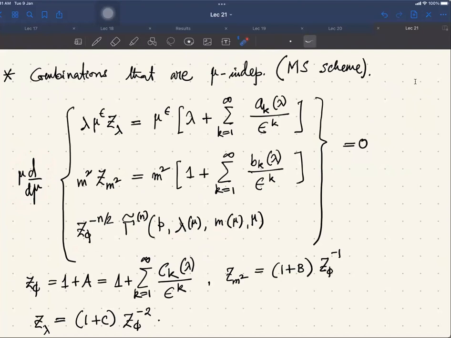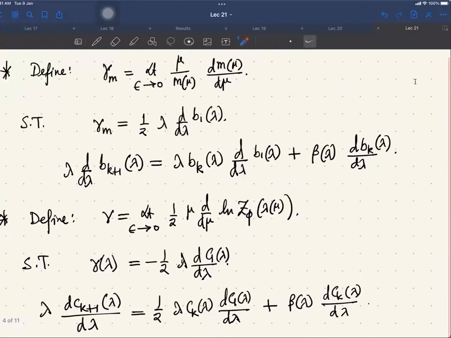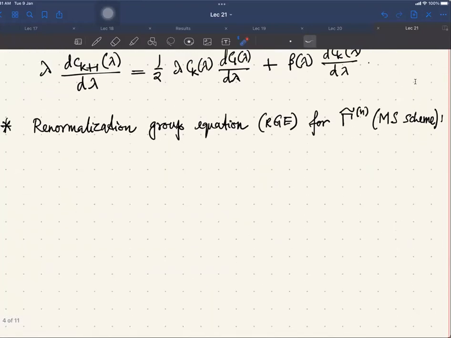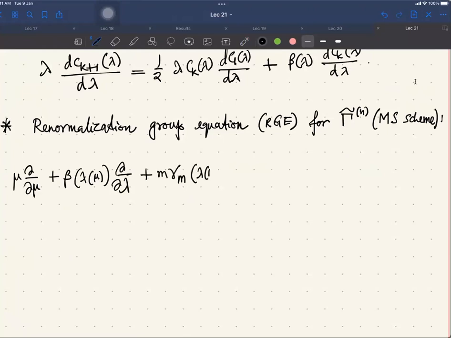So let me write down the result directly because it's a simple argument. That is this equation called the renormalization group equation for gamma tilde n. This is the partial derivative term with respect to mu, and then beta lambda mu partial derivative with respect to lambda, plus m gamma m of lambda mu partial derivative with respect to m, minus n times gamma of lambda mu.